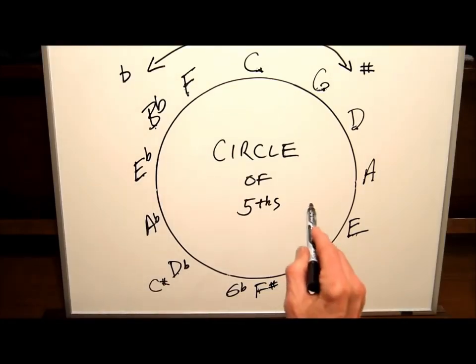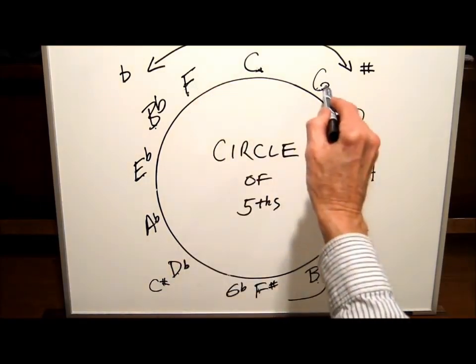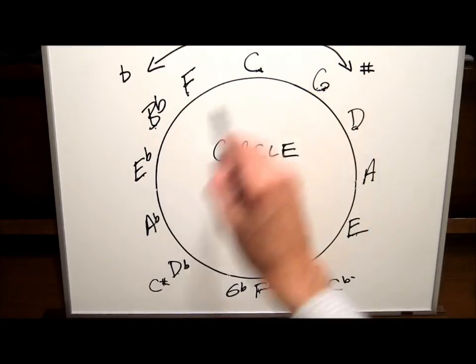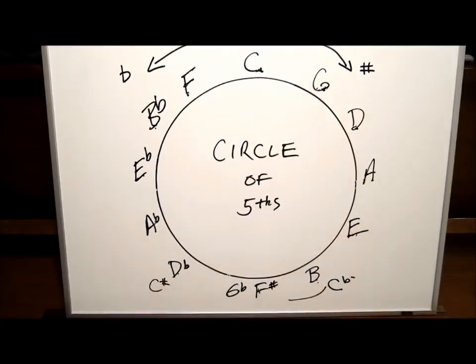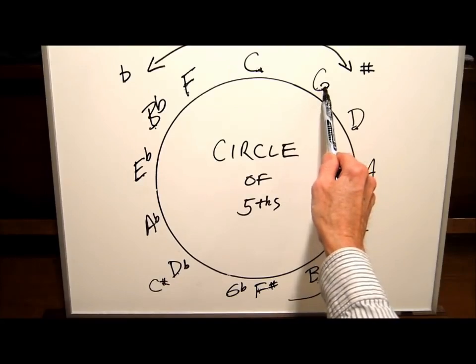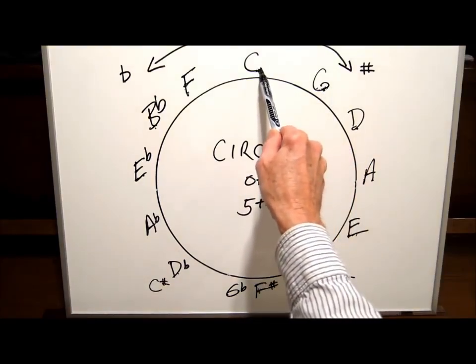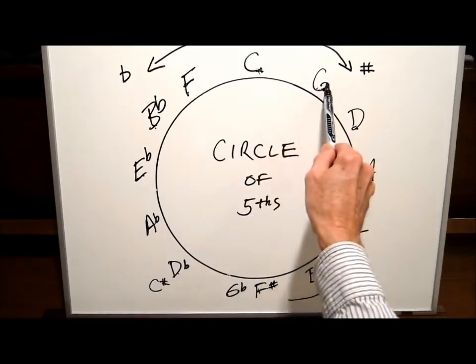Now, the important thing to understand about this is how these work in terms of the counterclockwise direction of tension resolution. Now, that's all that music is: tension and resolution. It's sort of like day and night. It's sort of like yin-yang. It's a universal truth. So what we have here is, if we take this as being the tonic key, the key we're in is C, we move up this direction.